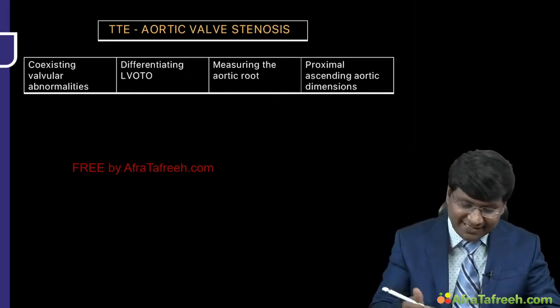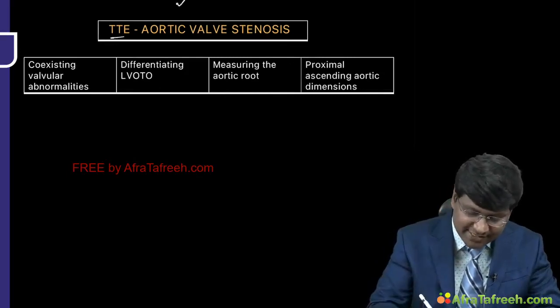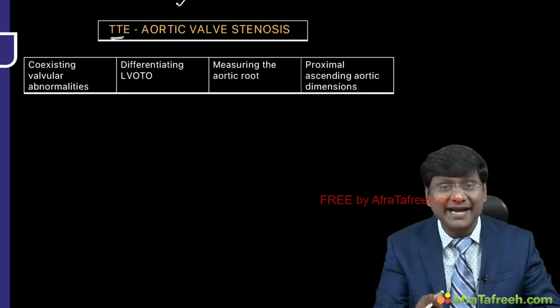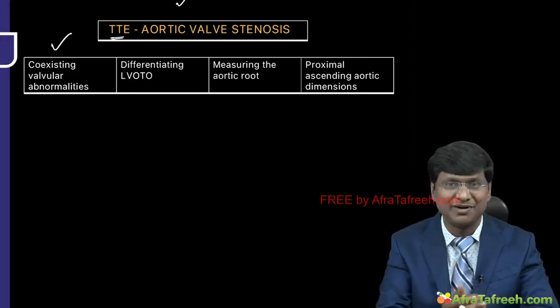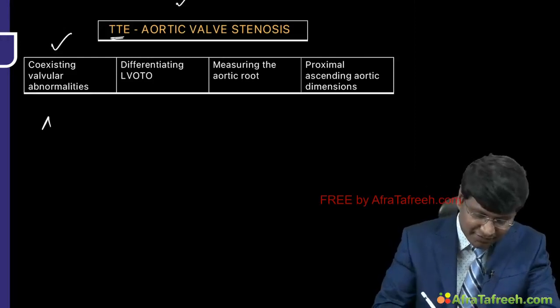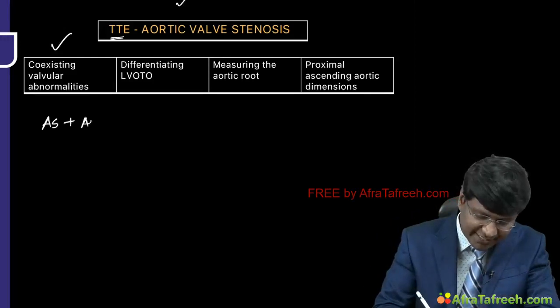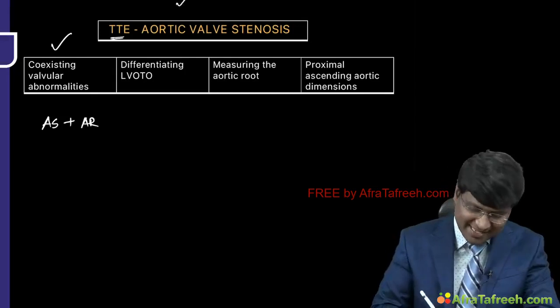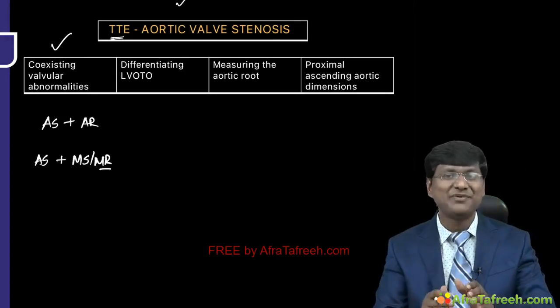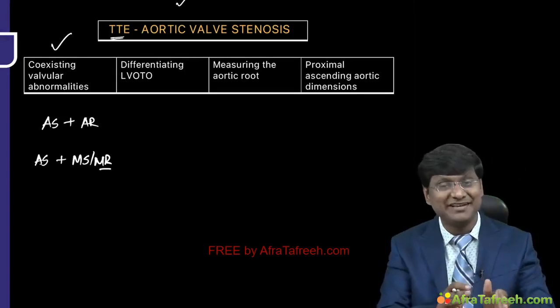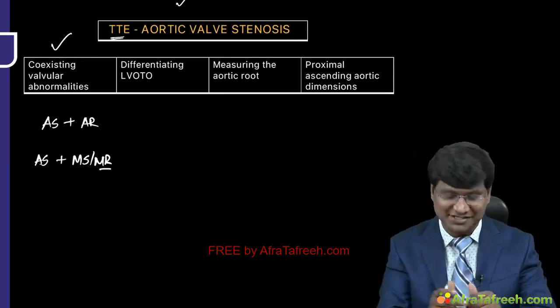Next, another importance of transthoracic echocardiography is to diagnose the presence of any coexisting valvular abnormalities, because most of the time AS is associated with AR, or AS can be associated with mitral valve lesions, that is MS or MR. So with the help of 2D echo, we will be able to diagnose any coexisting valvular lesions.